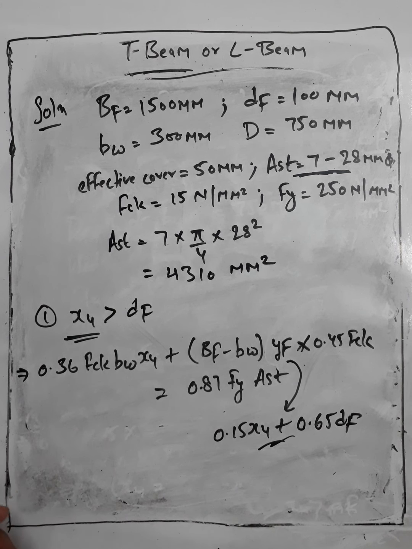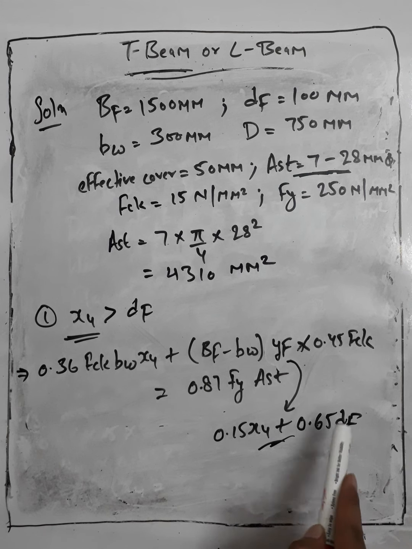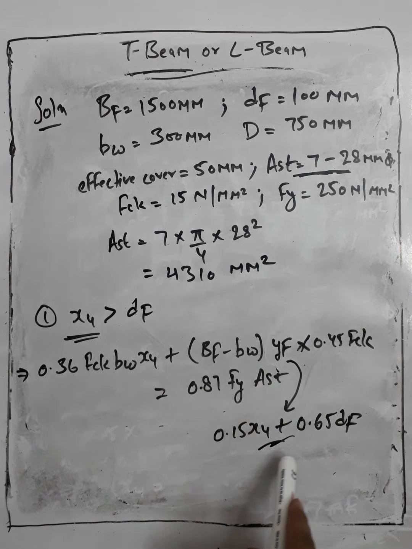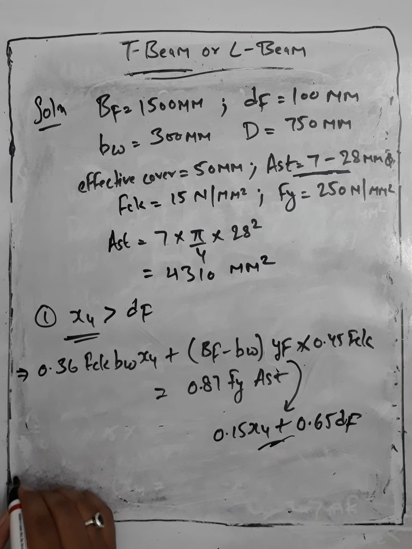That's why we put Yf in the form of Xu, and we have the value of Df. So now put this equation here, and put all values in this equation.